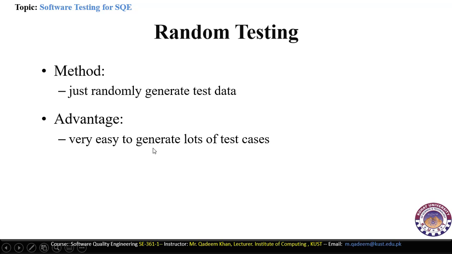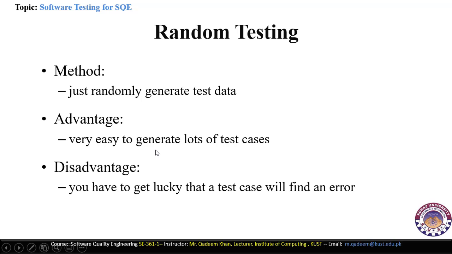We just test the system based on some smaller random values. While it also has the disadvantage that you have to be very lucky for that particular random test to find the errors, because mostly random values do not identify the errors here. So for random values we are not 100% sure that it will catch the error.